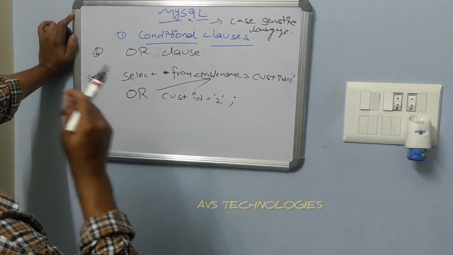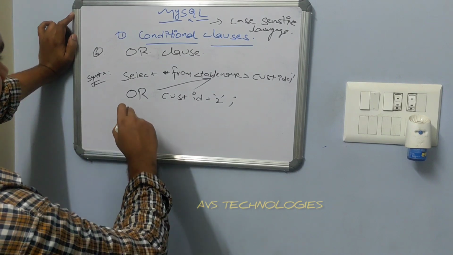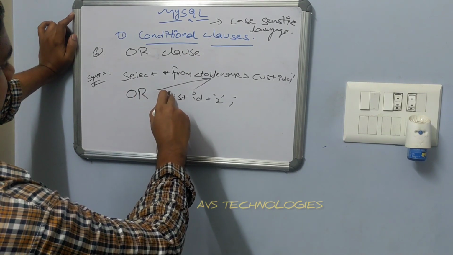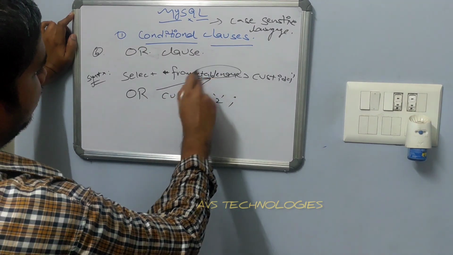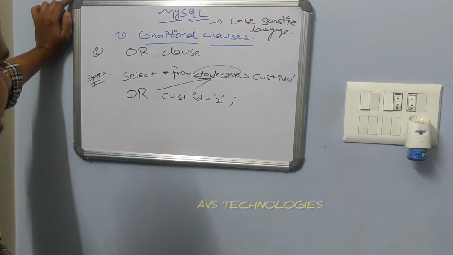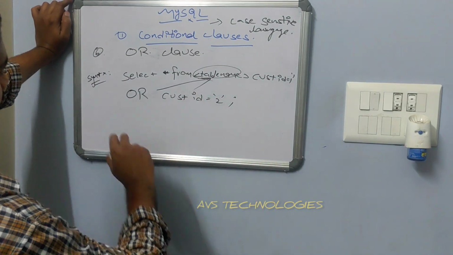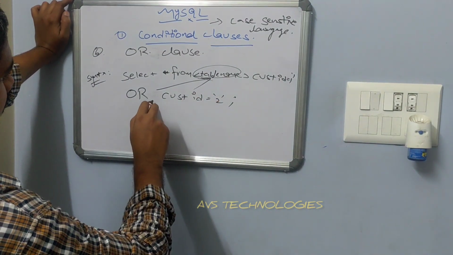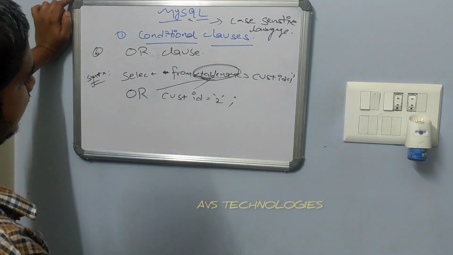We will return a result in the expression. Whatever expression we use will reflect on this table name. We have an expression of or, and we will return a result that comes from the table only.